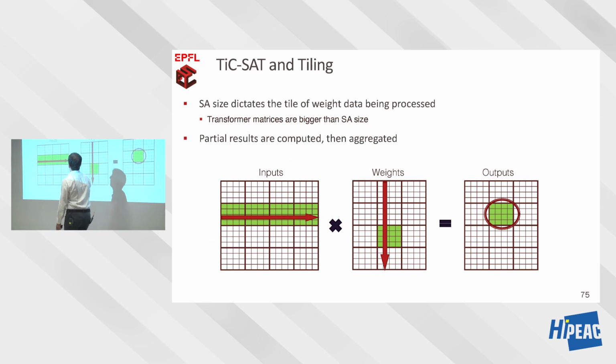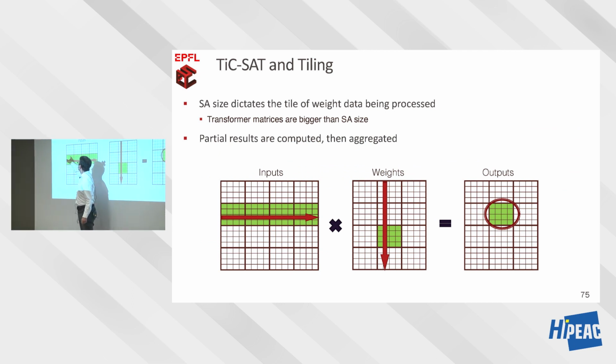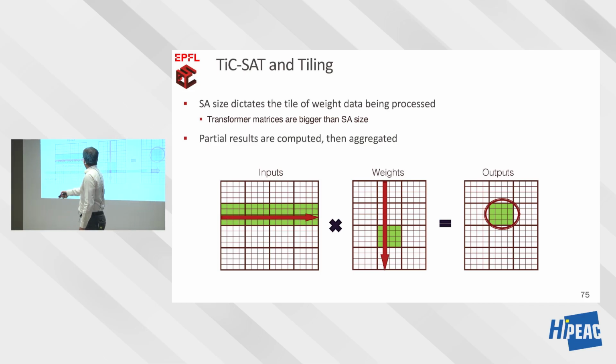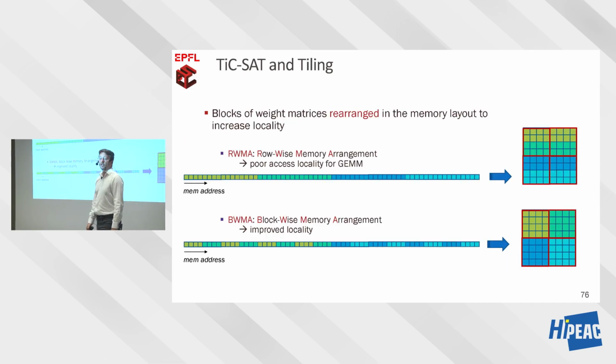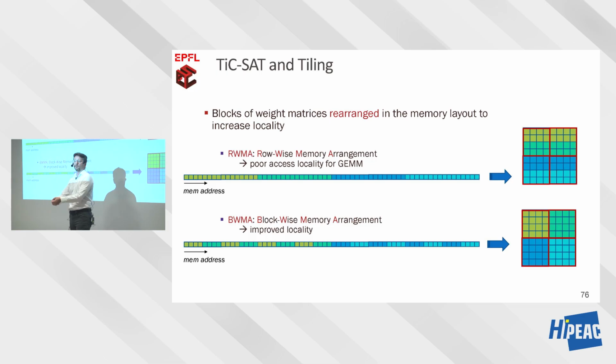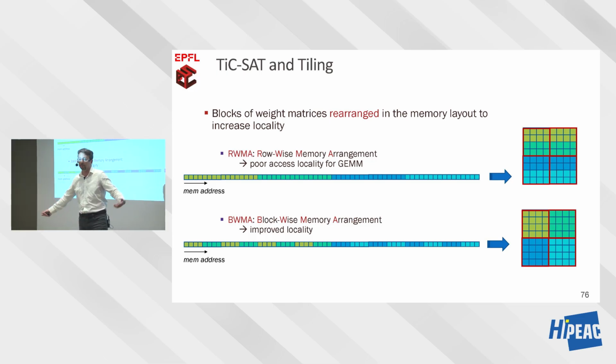Because in this case, we have to access these elements, then these elements, then these elements, then those elements. So every time we change row, we have a jump in memory. Or do we? Well, we can just arrange our matrix in memory in a proper way so that we have the access pattern that we want, and this access pattern becomes completely linear.